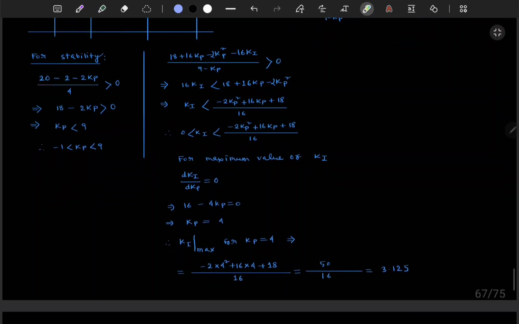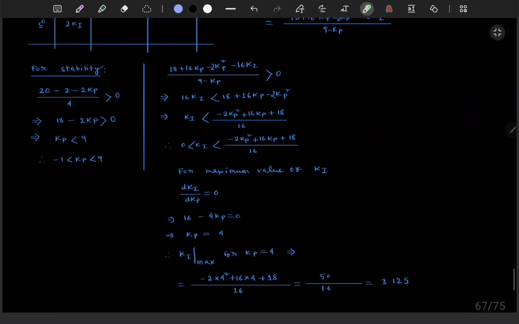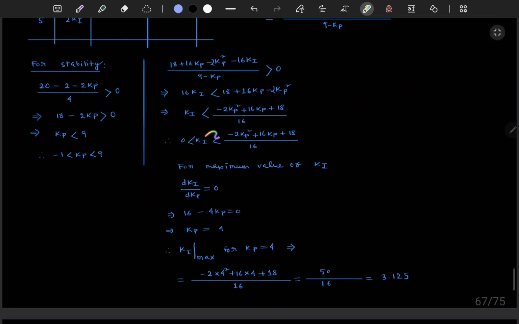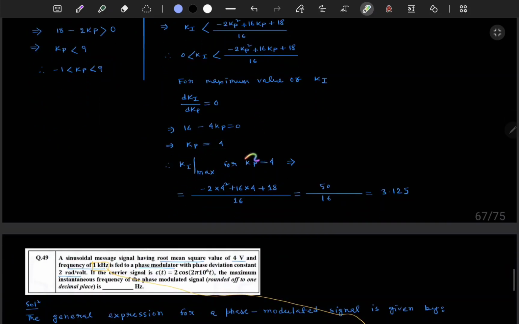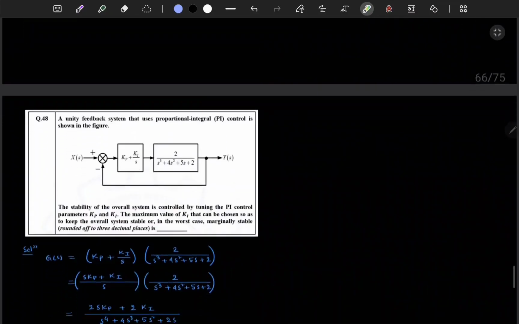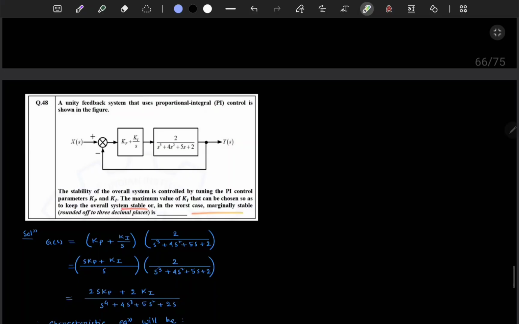For the maximum value of Ki, which we need to find out for our answer, we need to take the derivative with respect to Kp here, because Ki is in terms of Kp. So if we equate this to 0, then we will get this. So here Kp equal to 4, so again we put this here, and we will get this one. So this is the maximum value of Ki for which the system is stable, or in the worst case marginally stable.